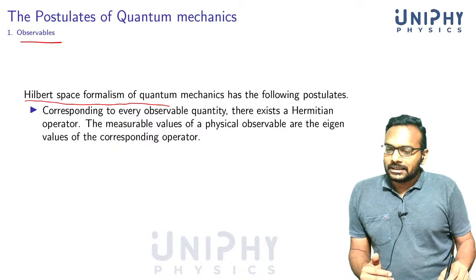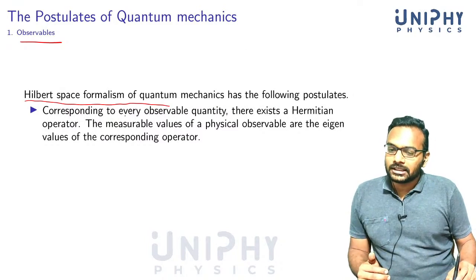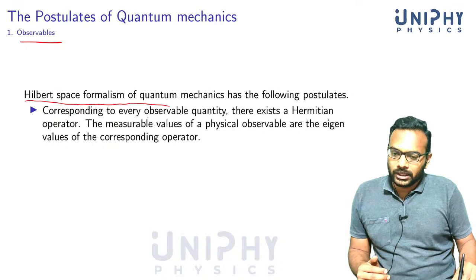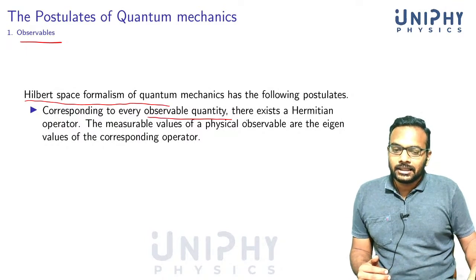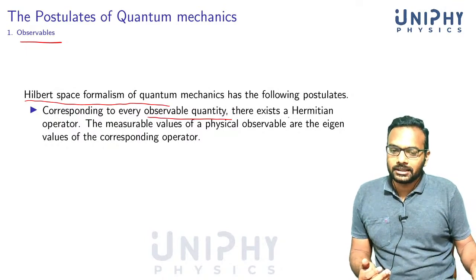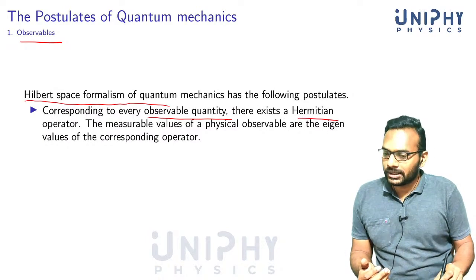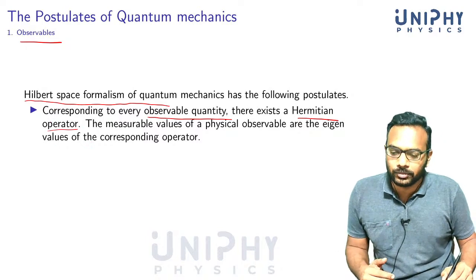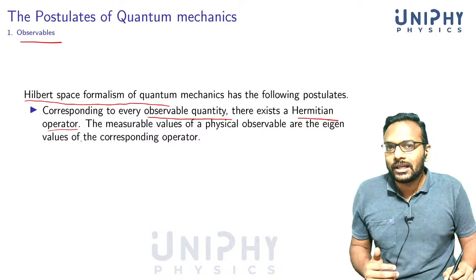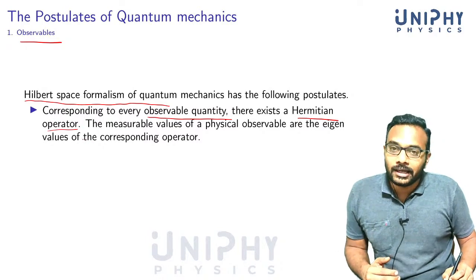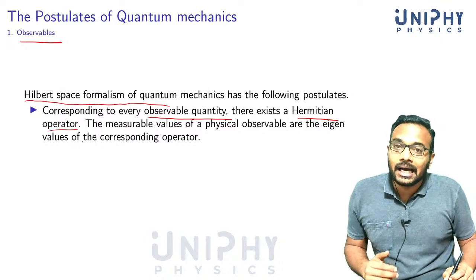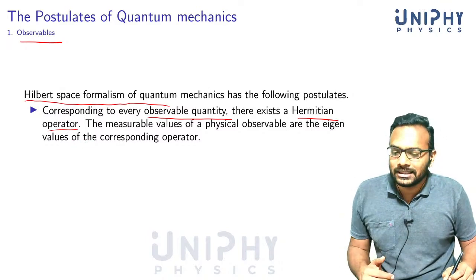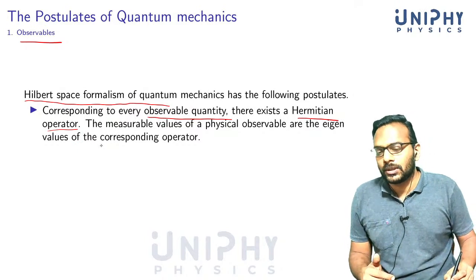The first postulate is regarding the observables. Corresponding to every observable quantity like energy, momentum, etc., there exists a Hermitian operator. I told you why we chose Hermitian operators. They have some nice properties. Importantly, their eigenvalues are always real. And even more importantly, the eigenvectors form an orthonormal set, which is fundamental to quantum mechanics.